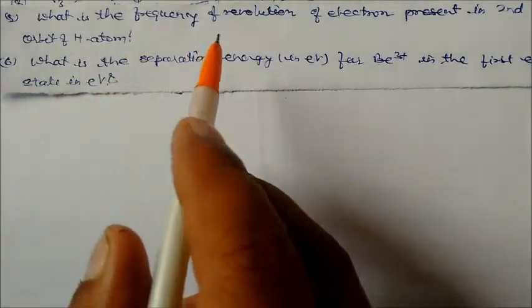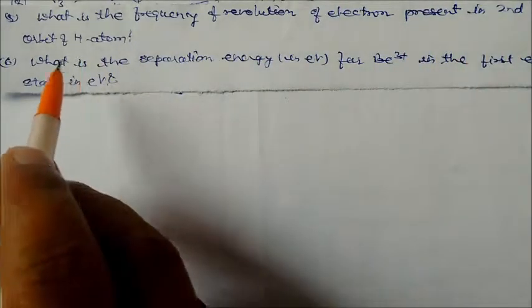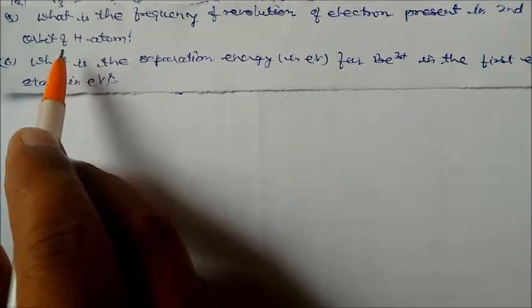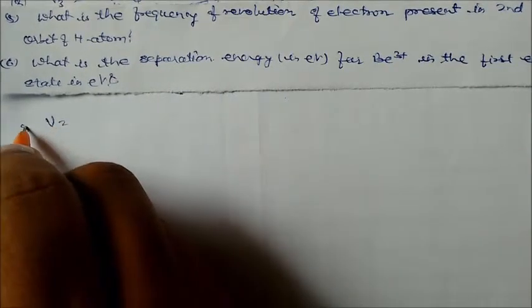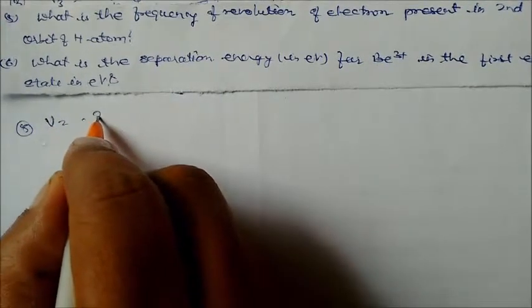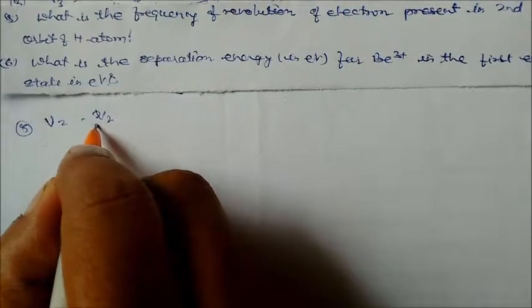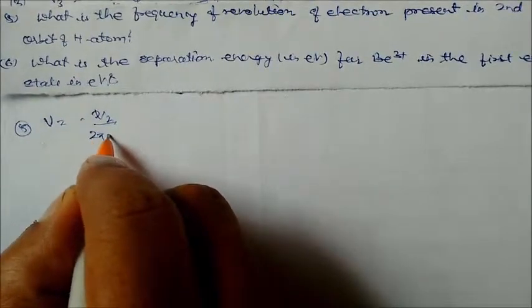What is the frequency of revolution of the electron in the second Bohr orbit of the hydrogen atom? We know the frequency is the velocity divided by 2 pi r2.